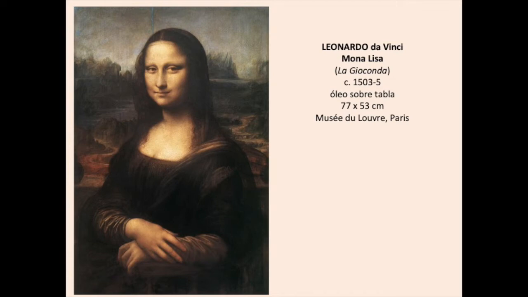Leonardo discovered something while representing the landscapes. He managed to know that the farther away an object is, the more blurred and gray it appears.